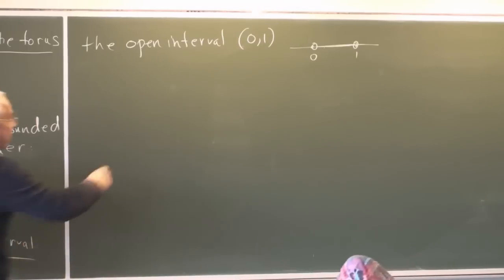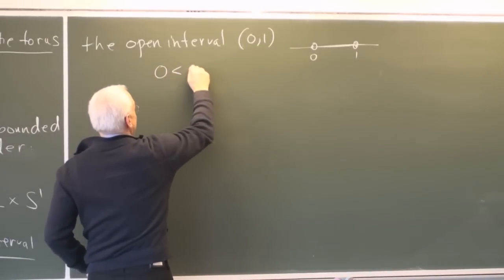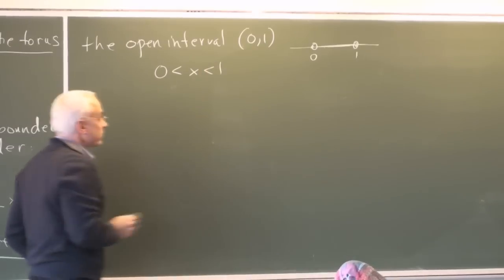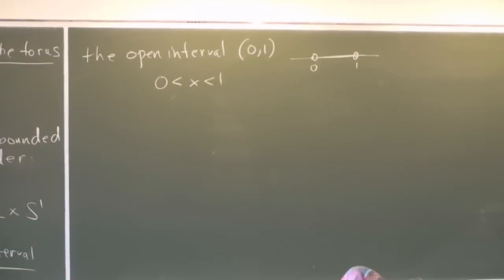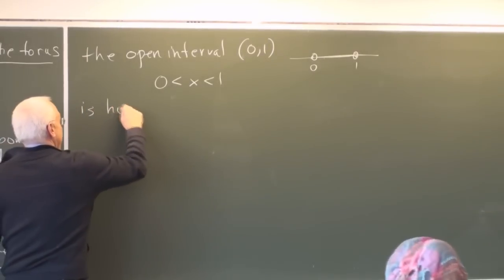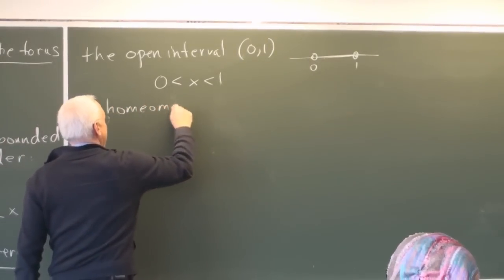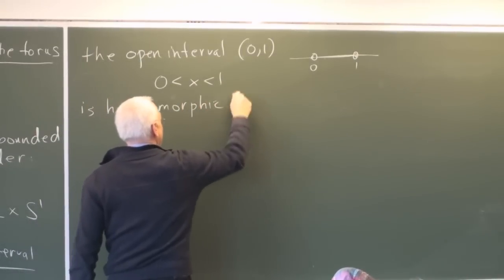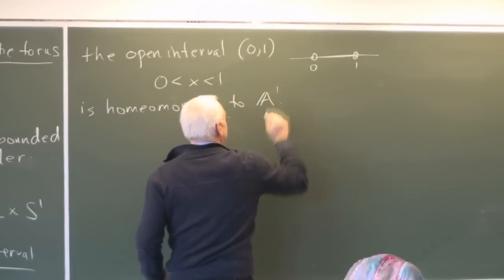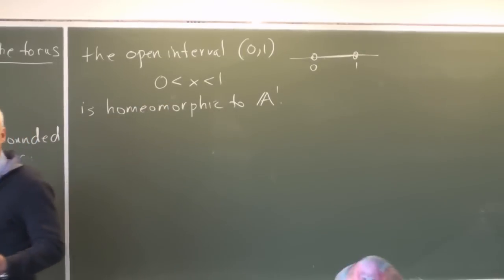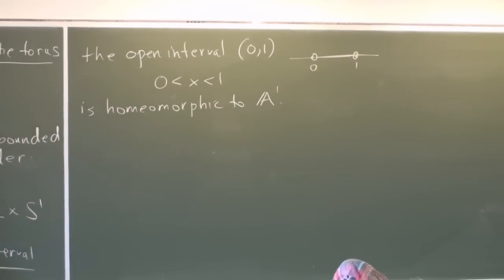That's the open interval, so it's described by the inequality 0 is less than x less than 1. This is homeomorphic to a line. It may not look like it, but topologically, an open interval is just the same as a line.